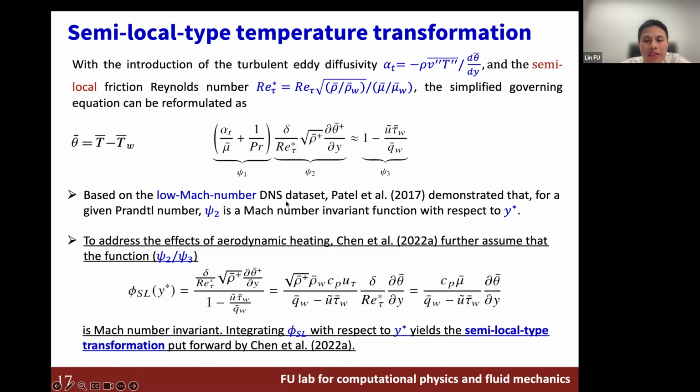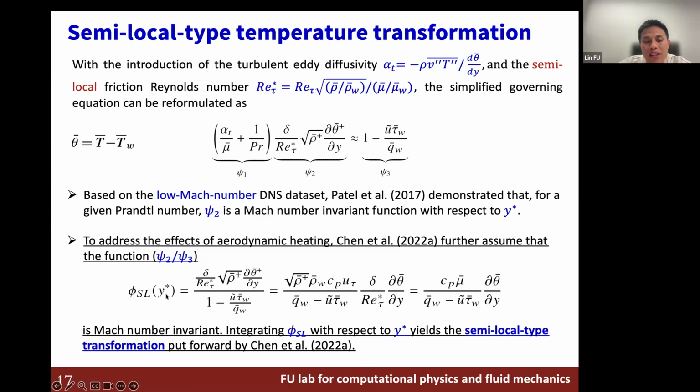Based on the low Mach number DNS dataset, Patel in 2017 demonstrated that for a given Prandtl number, this combined term psi 2 can be a Mach invariant function with respect to y star. Later on, to further address the aerodynamic heating effect, Chen and coauthors in this paper further assumed that the ratio of psi 2 and psi 3 is a Mach invariant function.